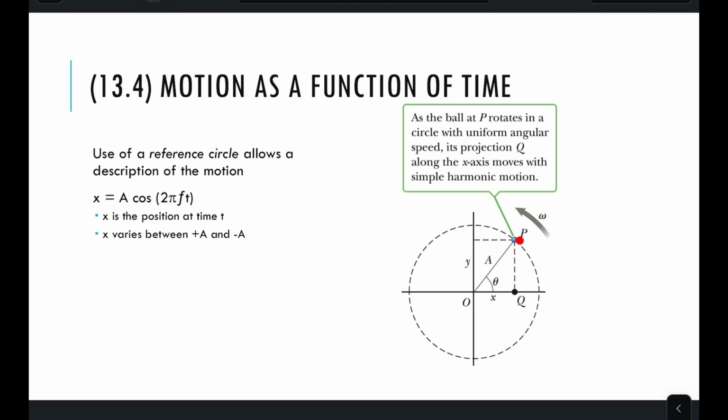In terms of radius, we have A, the radius from the center of the circular path. In terms of displacement from the origin, at this position the object has x and y, x along the horizontal and y along the vertical. From here, we can get x, the horizontal position, by using A cos theta.